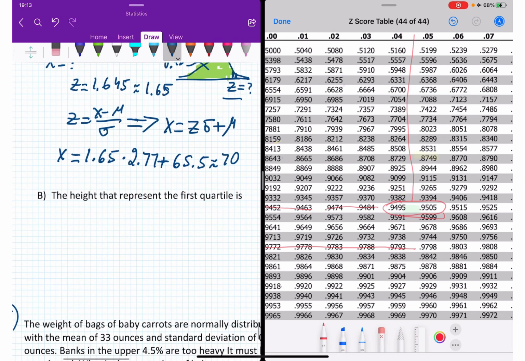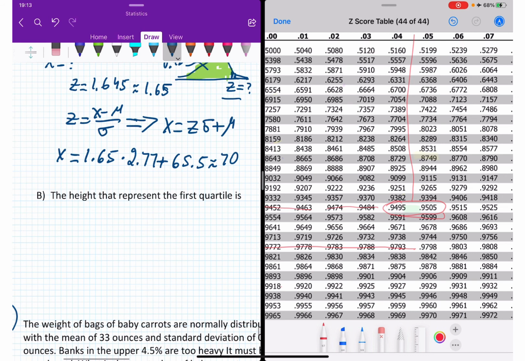The height that represents the first quartile. First quartile is 25%, yes? So it's going to be 25%. Let's say this one.